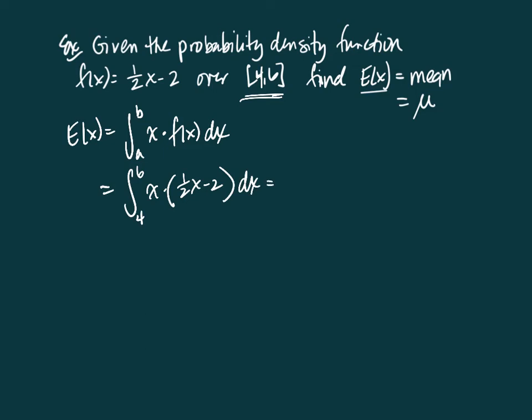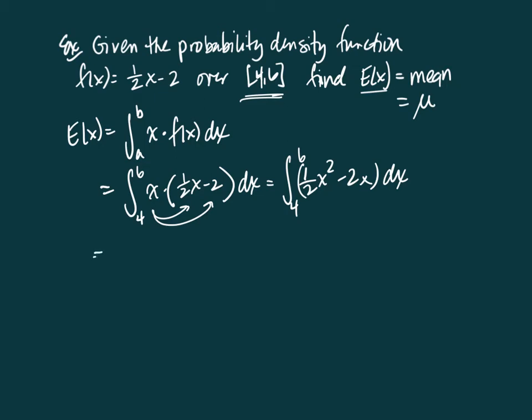So first off, I'm going to distribute that x. So this will be 1/2 x squared minus 2x. And I can do that because there's no exponent up here, right? I can distribute that x as long as there's no exponent on those parentheses.